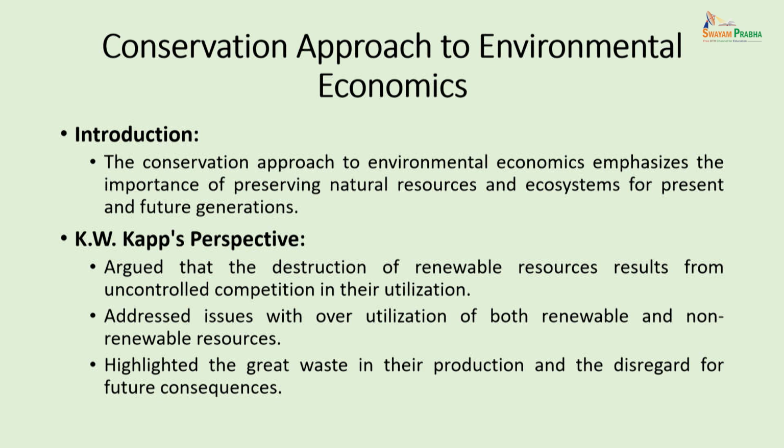He addressed this issue by saying that we have to stop the overutilization of both renewable and non-renewable resources, and he highlighted the great waste in the production and disregard for the future consequences. That is, unmindfully, production is being done from the renewable resources, non-renewable resources particularly, without considering what is going to happen in the future.